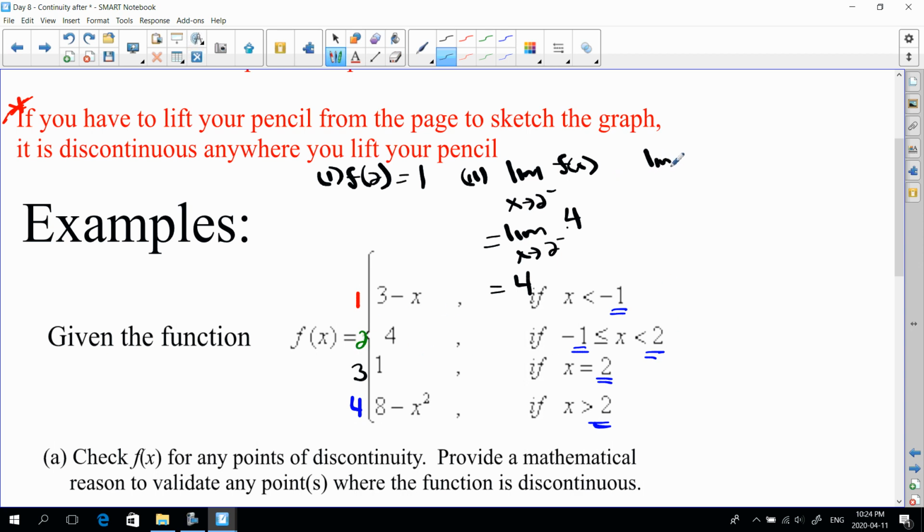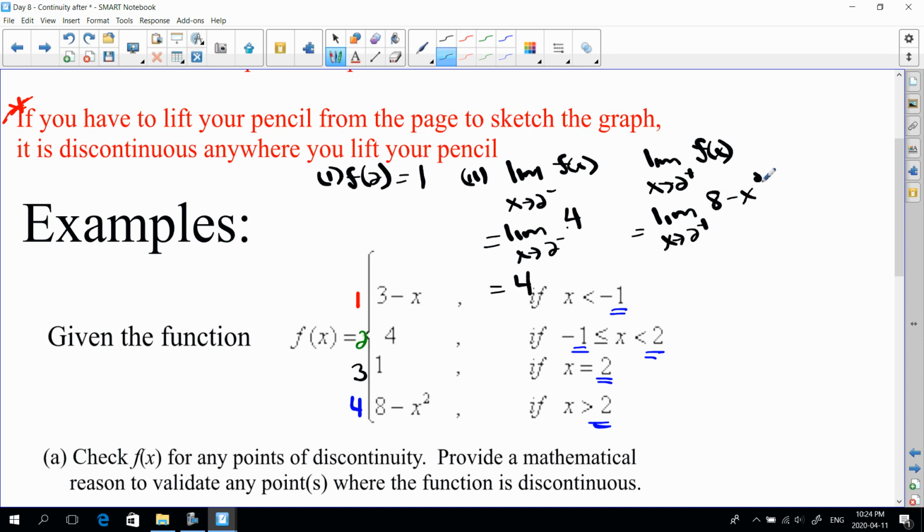Now we have to find the limit as x approaches 2 from the right of f of x. That would be this portion of the curve. These are numbers that are greater than 2. So I would be coming from 3 down, so 5, 4, 3, back towards 2. This one requires a little more work, but not much.